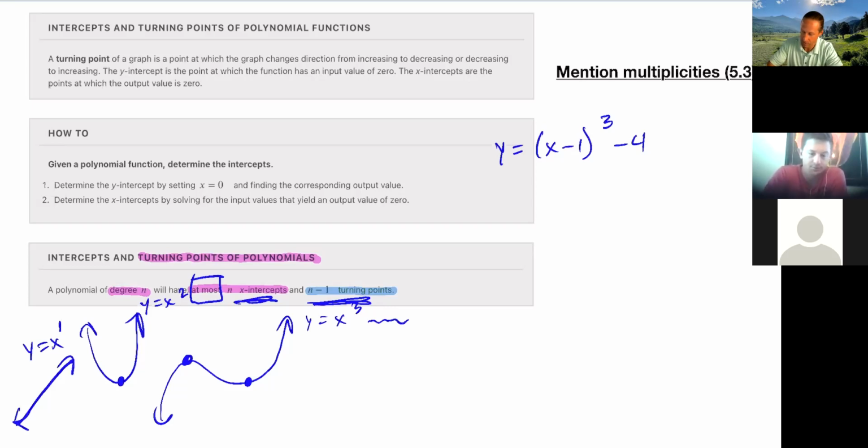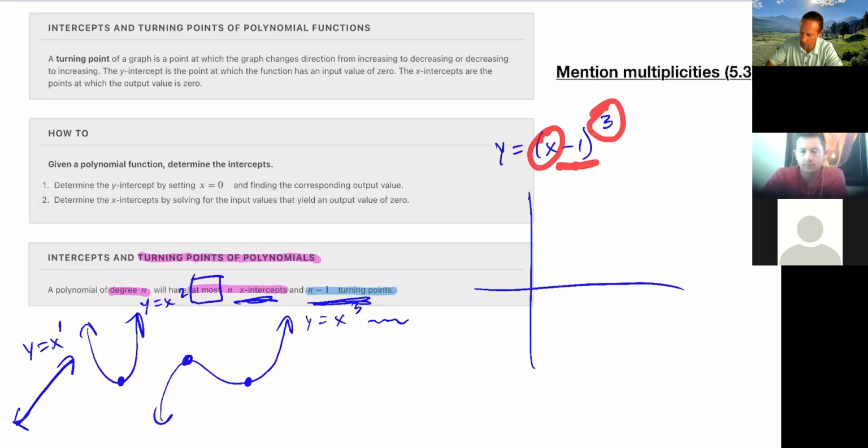Okay, now what is shifted right 1 and down 4? Vertex. Very good. I'm going to use that term loosely, but good. Vertex. I'm going to go back to this. And if I was to graph this, I know that, just to make it simple, I would just have my x cubed function shifted right 1. And from there, I would take this and I would just graph my original cubic function.